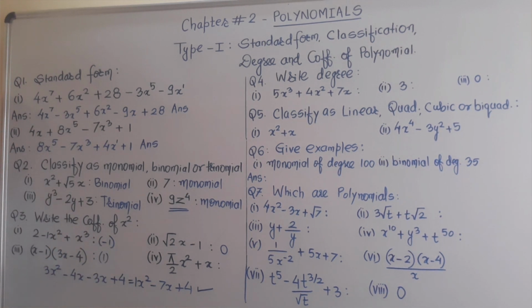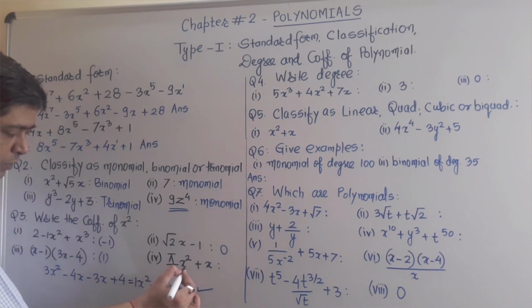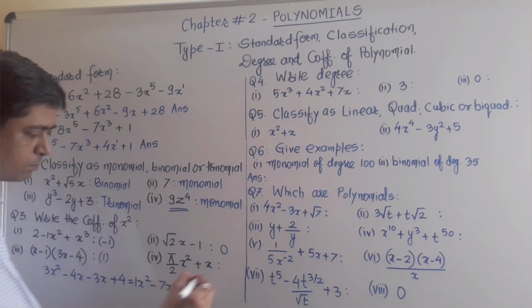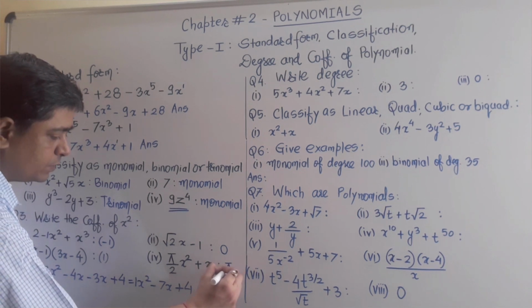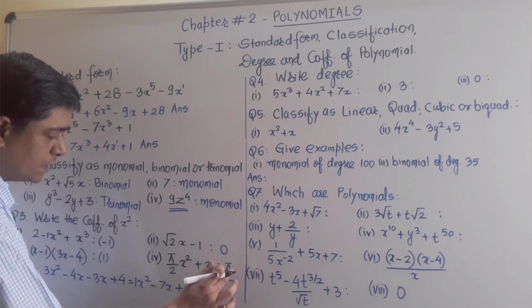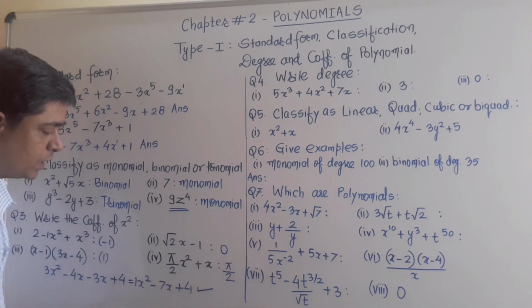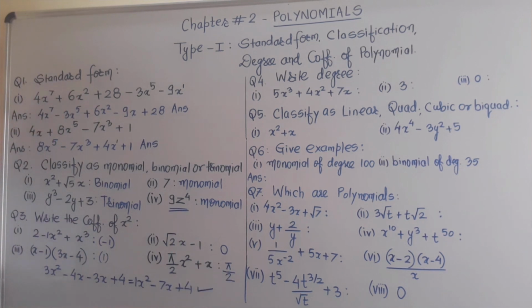And the last part, part number 4, is very simple. Before x square, pi upon 2 is given, so the coefficient value will be pi upon 2. This will be the answer of the last part. Some questions I am giving you in homework in the same manner, so you can solve them on your own.